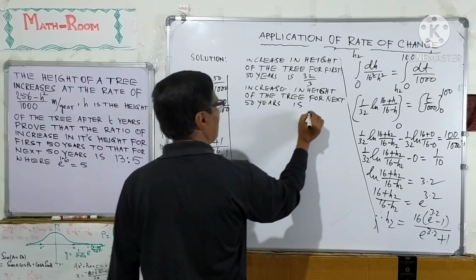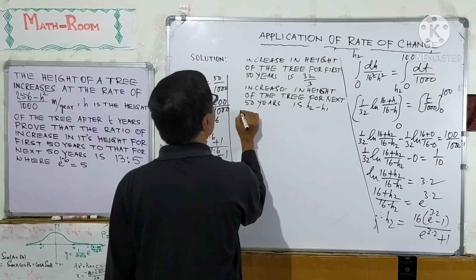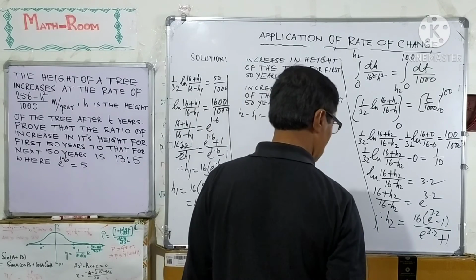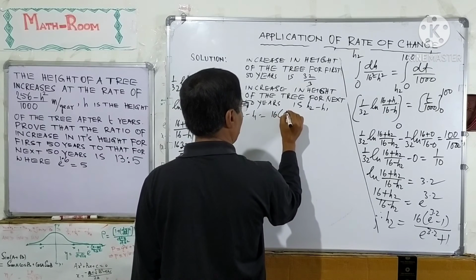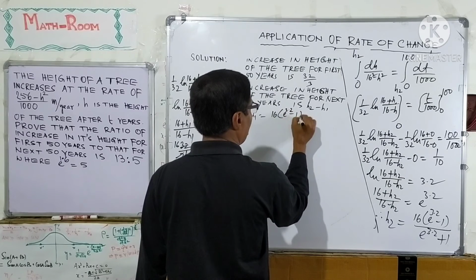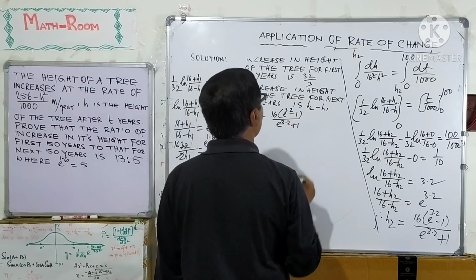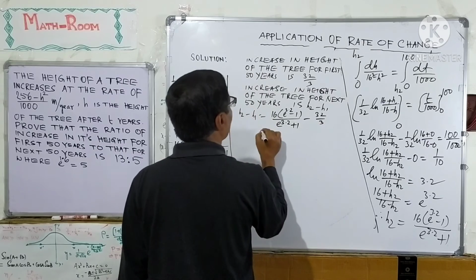h2 minus h1, equal to 16 times (e to the power 3.2 minus 1) over (e to the power 3.2 plus 1) minus h1, that is 32 over 3.